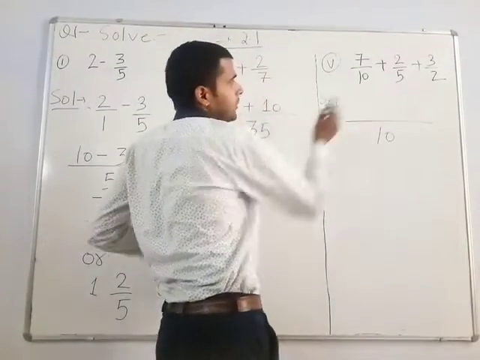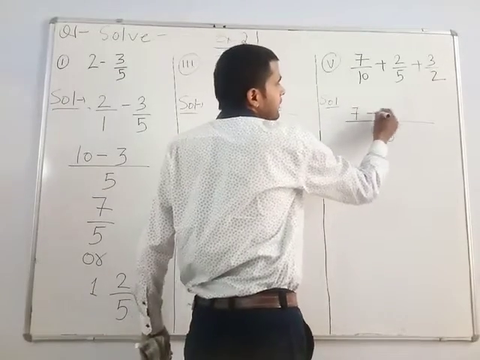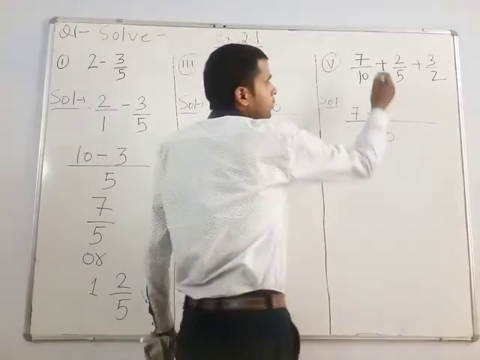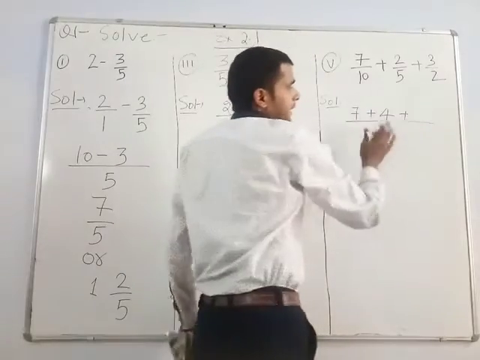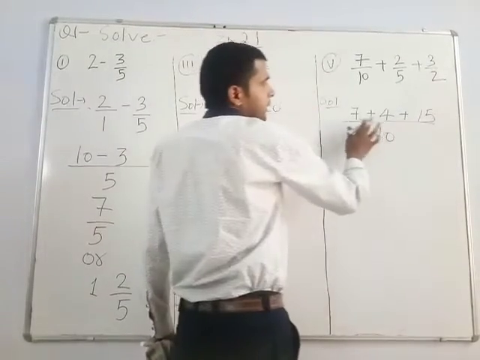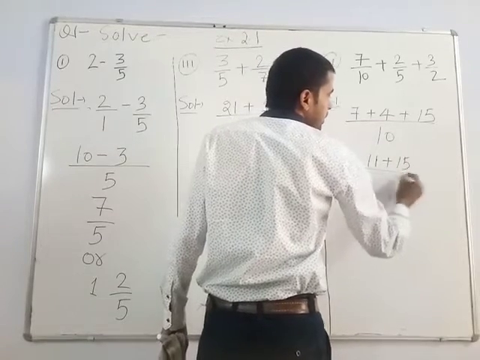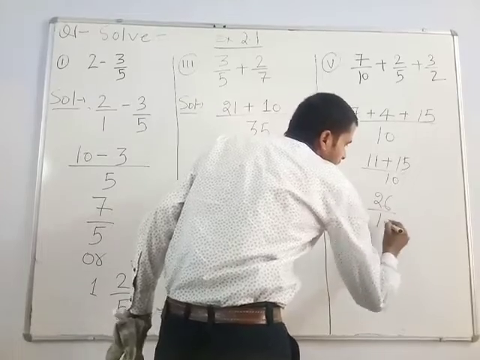Then 10 divided by 10, 1. 1 into 7, 7. 10 divided by 5, 2. 2 into 2, 4. Plus 10 divided by 2, 5. 5 into 3, 15. So 7 plus 4, 11. 11 plus 15 upon 10. So 11 plus 15, that is 26.